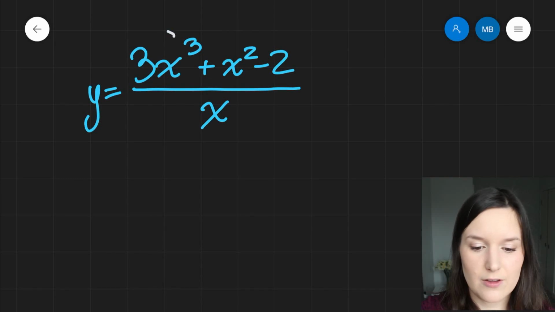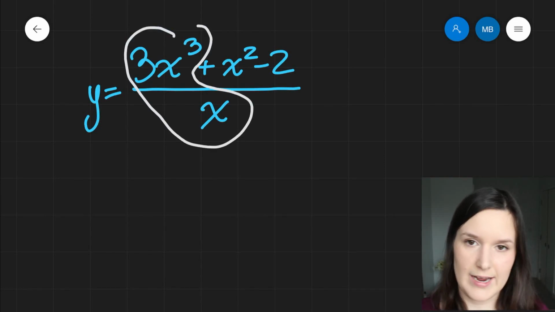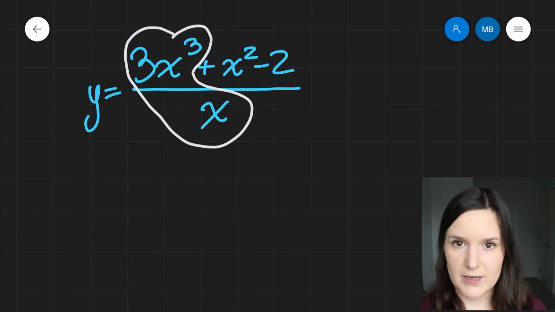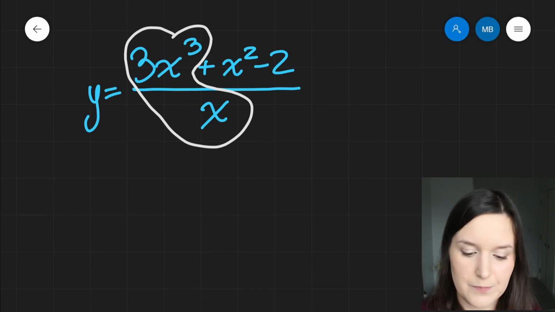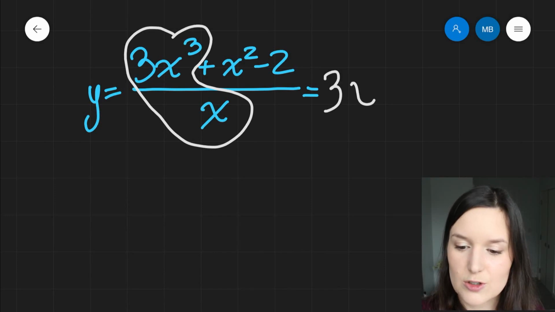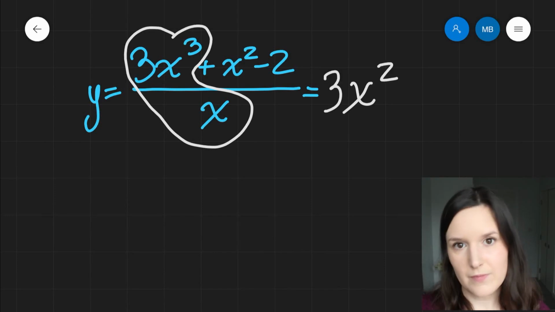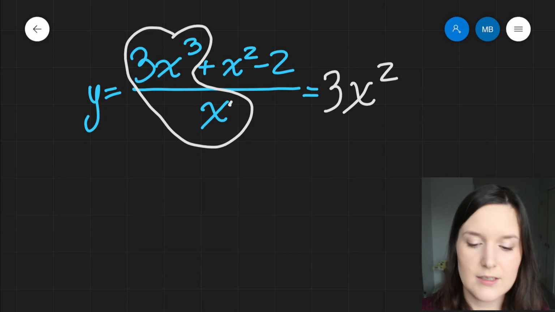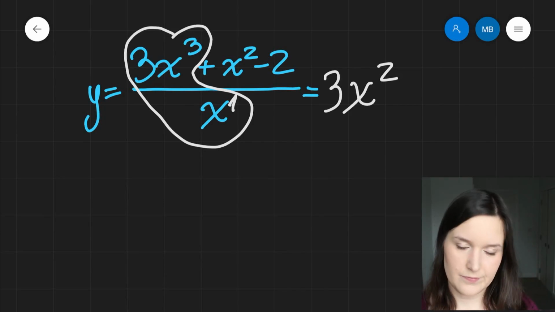Look, here I have 3x cubed over x. X cubed divided by x is x squared. So it will simply be 3x squared. X is x to the power of 1, 3 minus 1 is 2.